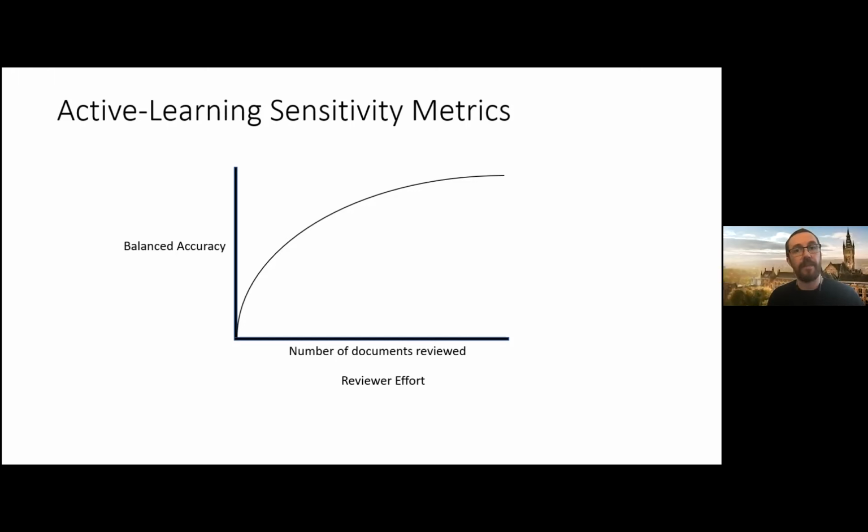Therefore, you need to learn a sensitivity classifier very quickly, and you have to do that by using human resources, which are expensive. And so you want to do it as quickly as possible. So here, we often find ourselves measuring the number of documents reviewed, or in other words, the amount of reviewer effort that it takes to learn an effective sensitivity classifier.